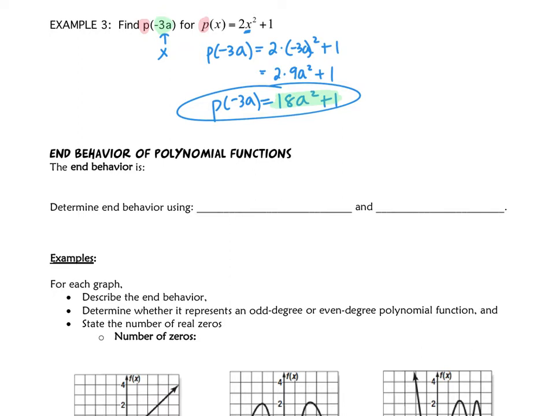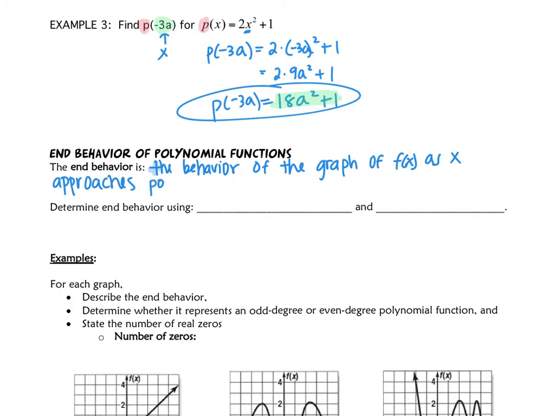End behavior is the behavior of the graph of f of x as x approaches positive infinity and negative infinity.